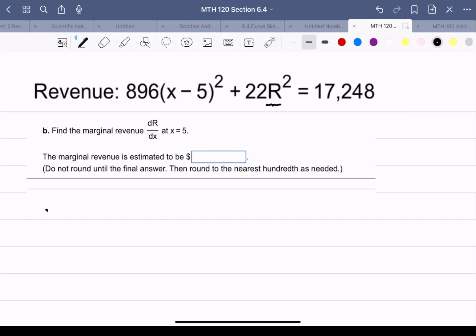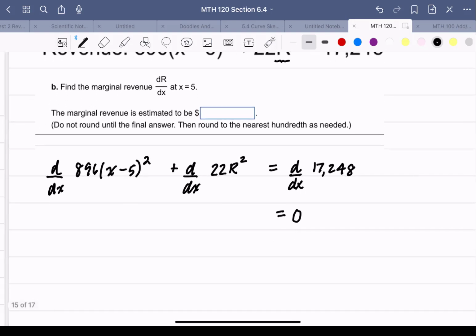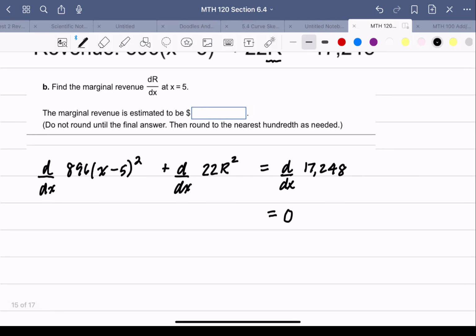So we're going to take our derivative with respect to x of 896 (x minus 5) squared. We're going to use the power rule on that one. Plus the derivative with respect to x of 22r squared equals the derivative with respect to x of 17,248. That's a constant, so that derivative will be 0. But just in case that's not a constant, make sure you take the derivative of that right-hand side as well.